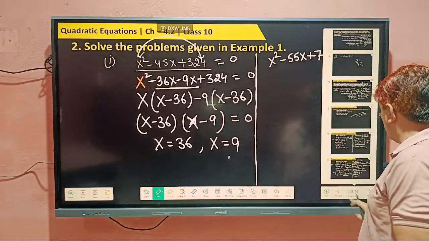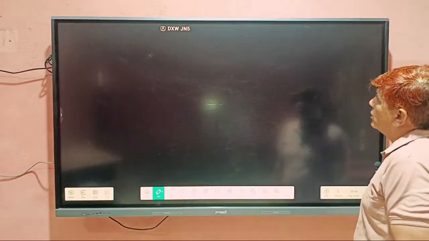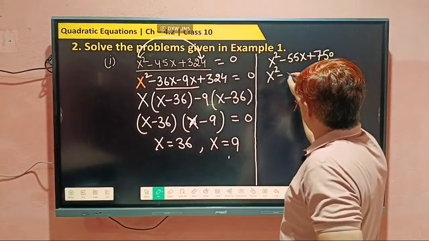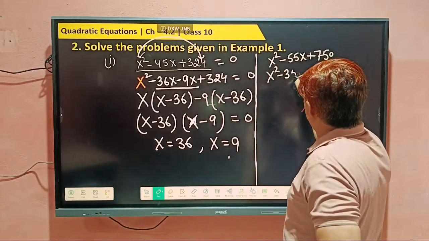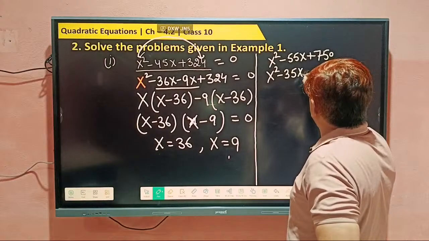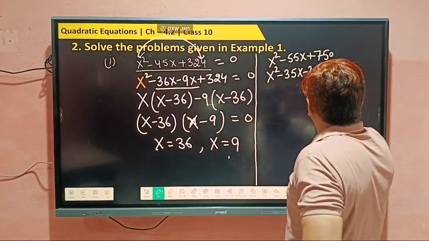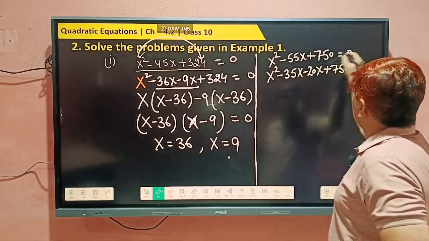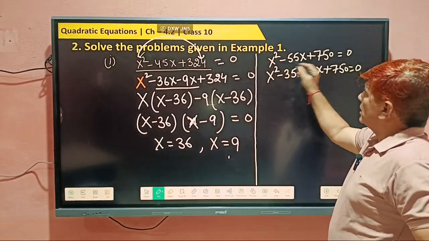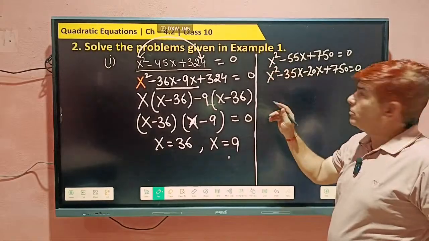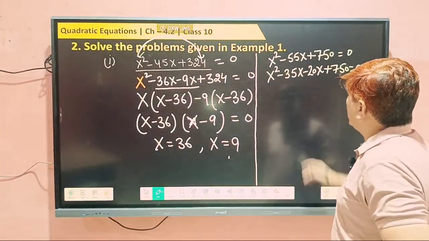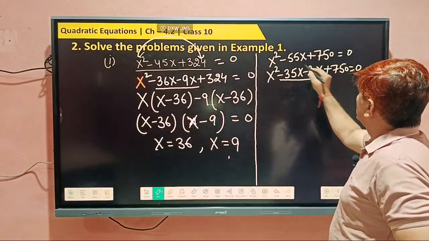So what do we have to find out? First we can solve it: x square minus 35x minus 20x plus 750 equal to 0. This you know, here is plus, here is minus. What's its meaning? These both must be minus. If you multiply, check one time what's its sum. Equal to this.